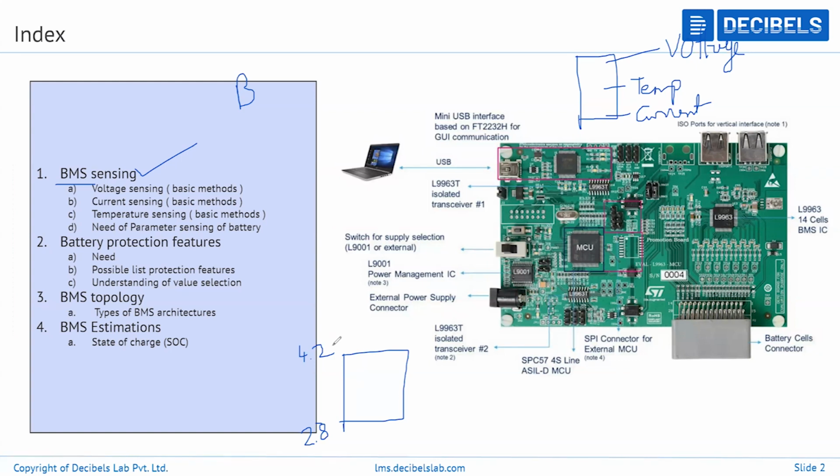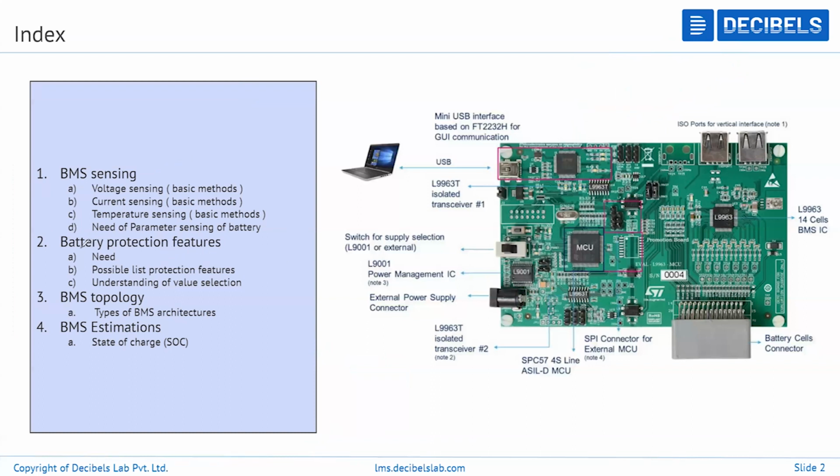So we'll discuss those points. In general, these are limits. In the same way, there is an operating temperature, and also the operating current values, within which you can discharge and charge.